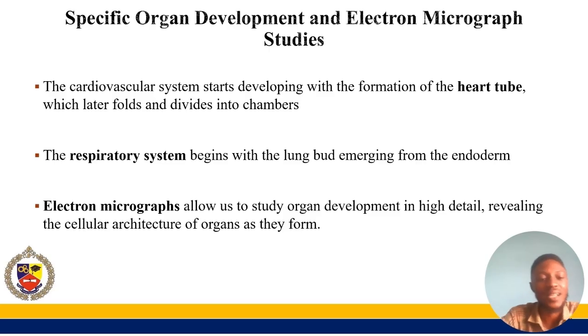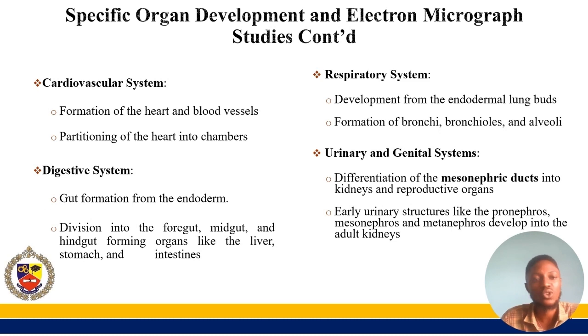Without wasting our time, let's also look at the electron micrograph, which allows us to study the development of organs in high detail. That is, it helps to reveal the cellular architecture of organs as they form. The cardiovascular system includes the formation of the heart and blood vessels, right, and also the partitioning of the heart into chambers.